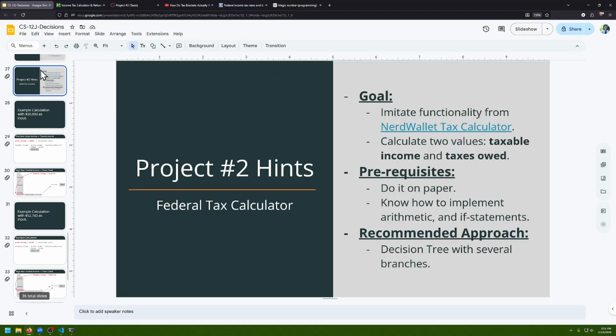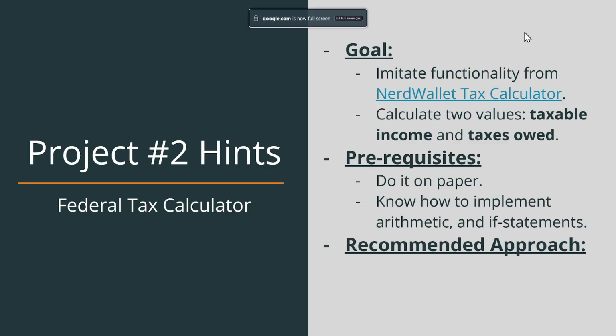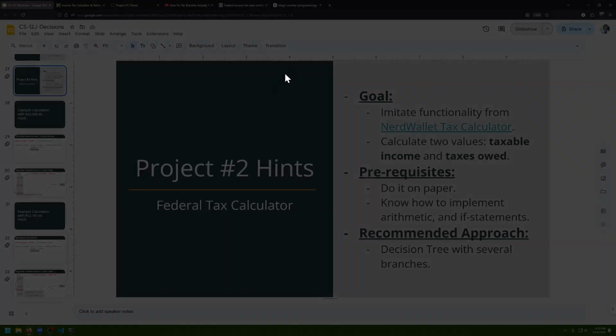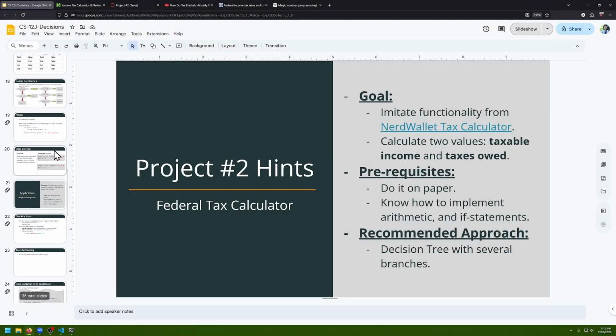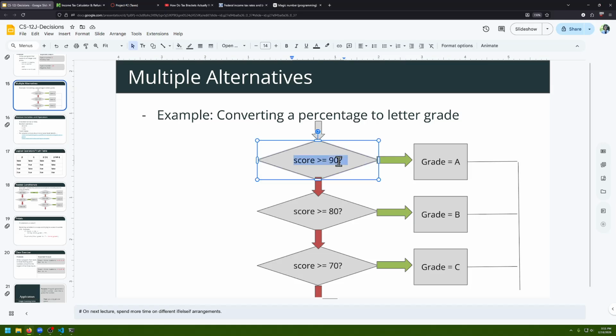That's some hints. There are many ways you can represent a solution for here. I think the easiest way to think about it is a decision tree with several branches. Do folks remember last week we did this letter grade calculator? You could imagine it like this. If we're in the first bracket, then calculate it as something.